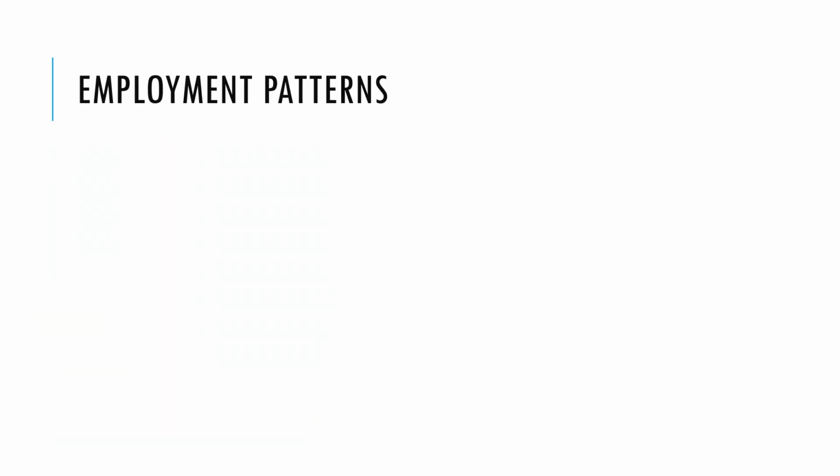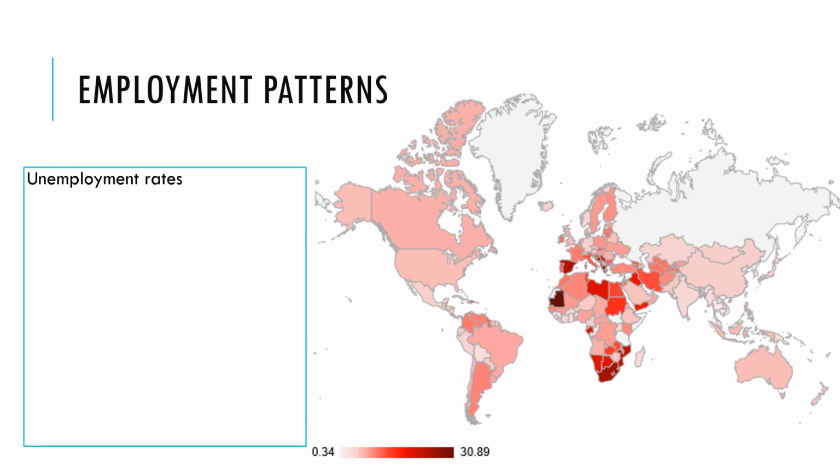All of this process of globalization and this emergence of these emerging economies have had impacts on employment patterns. If we have a look at unemployment rates around the world, we can see potentially higher rates of unemployment in Southern Europe, for example, than in many emerging economies like India, China, and Russia.